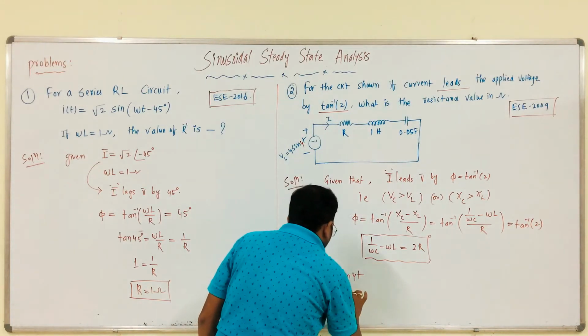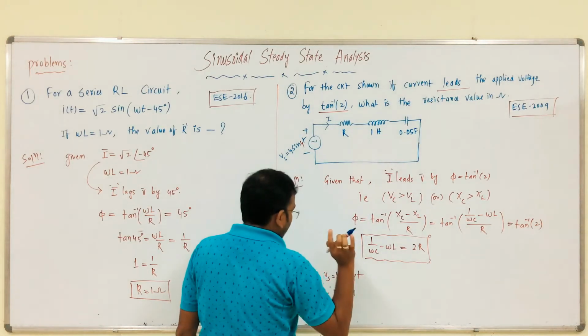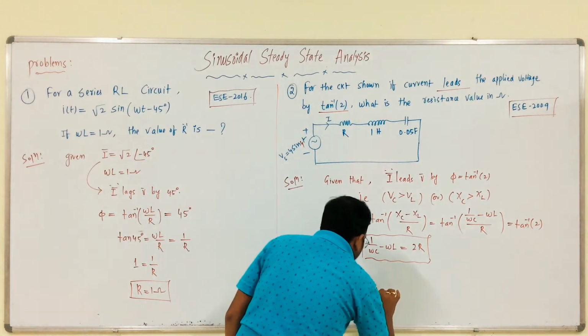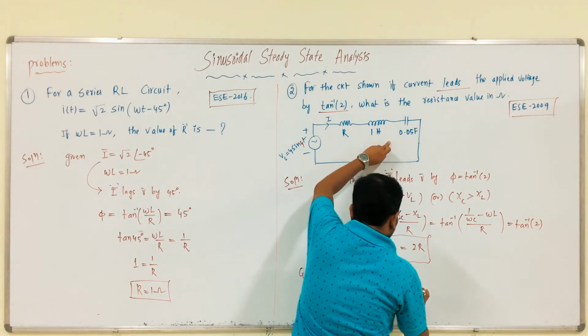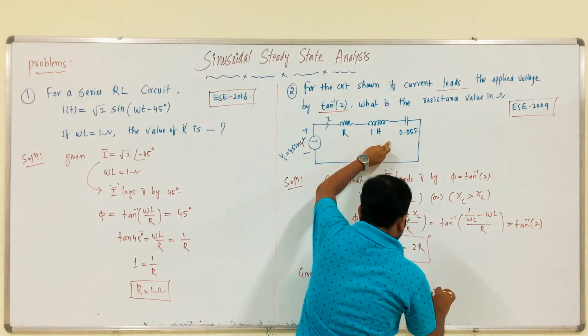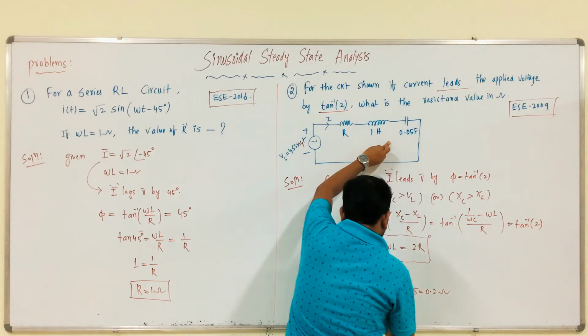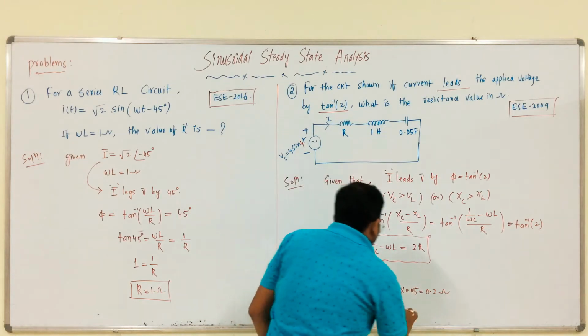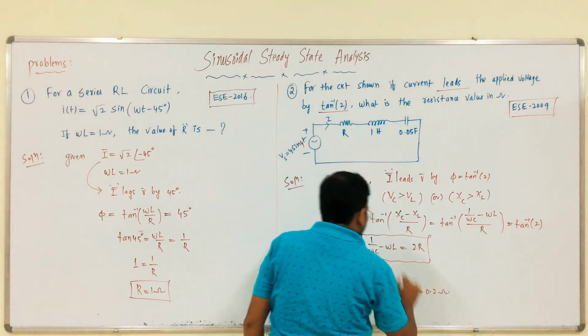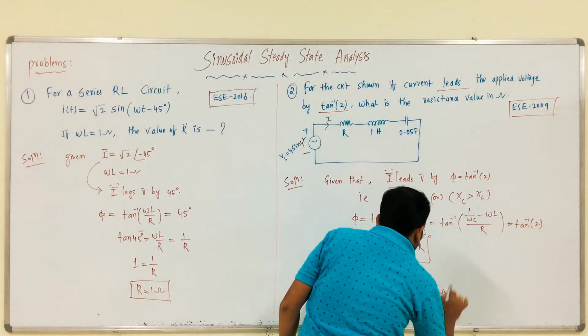Therefore, omega is equal to 4. From this, omega C is 4 into 0.05, which is 0.2 ohms. Like that, omega L, that is XL, is 4 into the L value, which is 1, equal to 4 ohms.